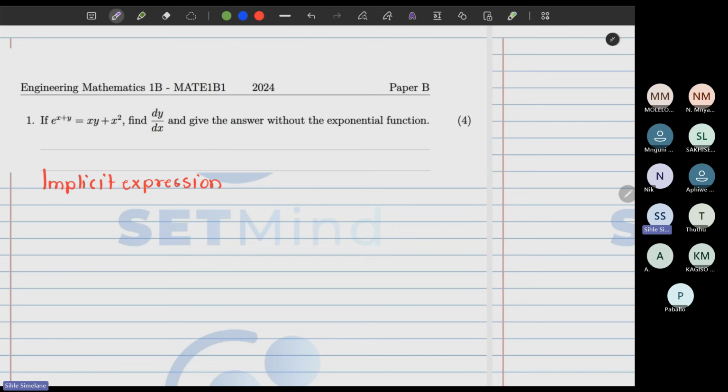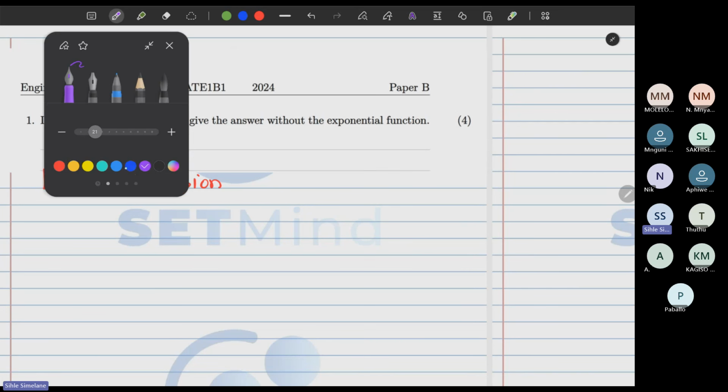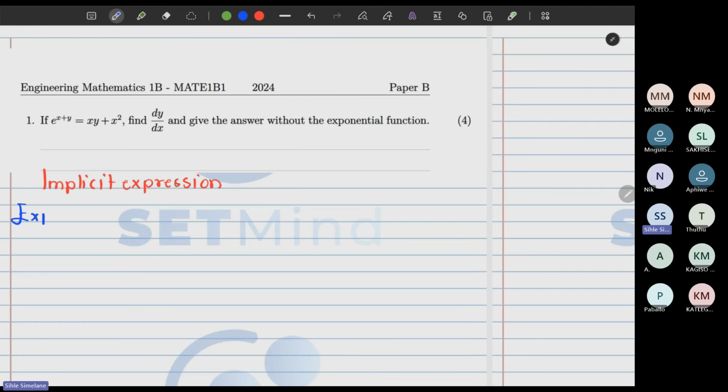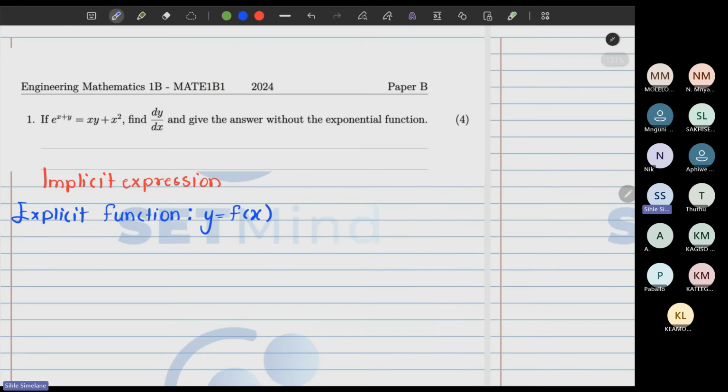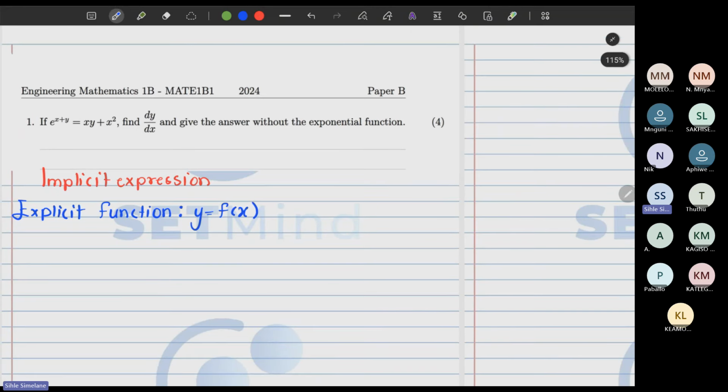Remember, with explicit functions, let me remind you, you have y equaling a function of x. However, if you look at our expression above, it is definitely not that.